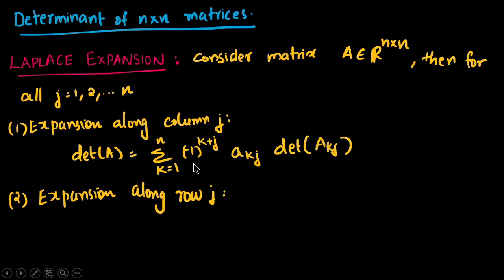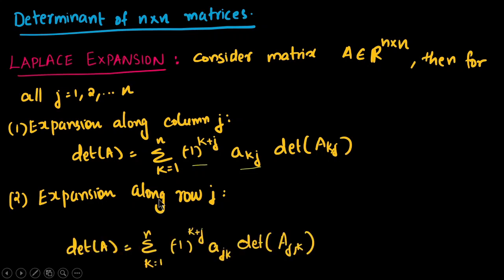Okay, this part we already know: alternate terms will be negated when you find the determinant. And A kj is the values in one column. Then find the determinant of A kj. So that will be the cofactor matrix part.